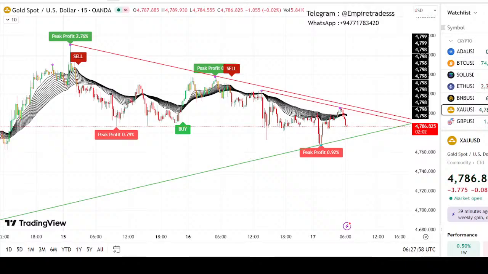In summary, the choice between MetaTrader 4 and MetaTrader 5 depends largely on a trader's specific requirements and trading style. MT4 remains a favorite for Forex traders due to its simplicity, reliability, and extensive support from the trading community.